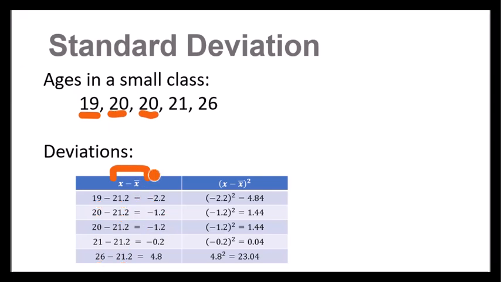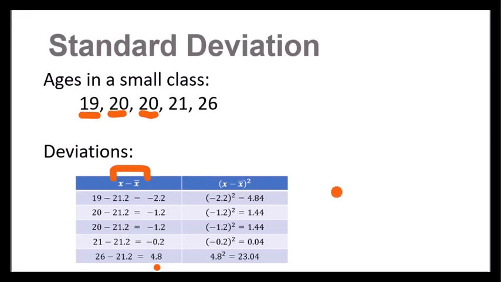Once I've calculated all of those deviations, I can't directly average these, because if I found, for example, the mean of all of these deviations, I would actually just get 0, because there's an equal amount above as below in terms of an average. So what we do is we square each deviation. I have here this deviation squared, x minus x bar quantity squared.